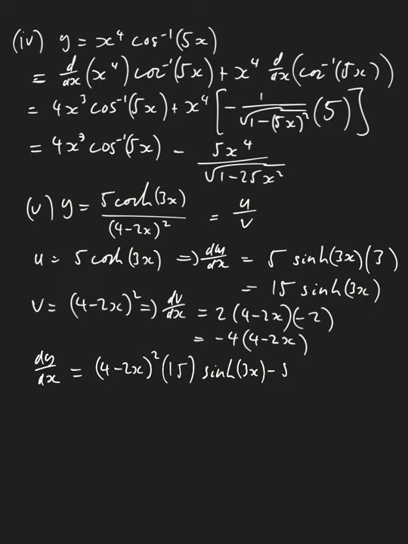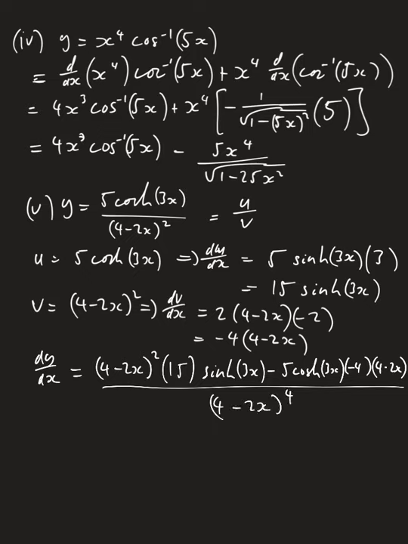So u is 5 cosh of 3x. dv/dx is minus 4 times 4 minus 2x. All that over v squared. v is 4 minus 2x squared, so v squared is 4 minus 2x to the power 4.